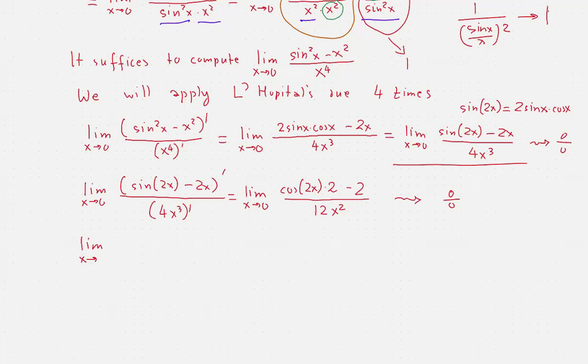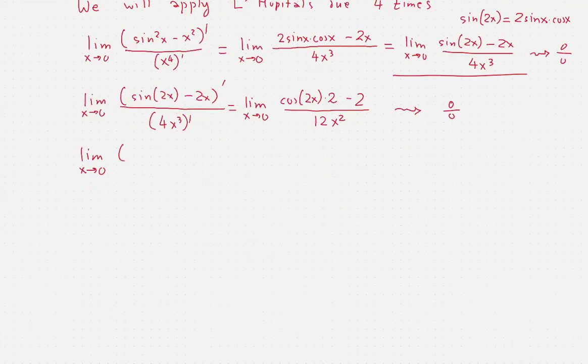So we will take the derivative of cosine of 2x times 2. Let me put the 2 in front. Minus 2 over 12x squared, derivative of that. And this will be the limit as x tends to 0.